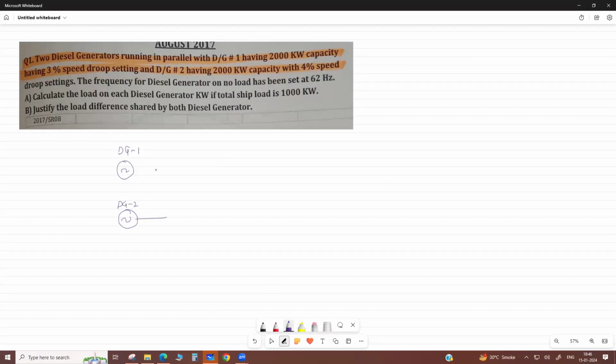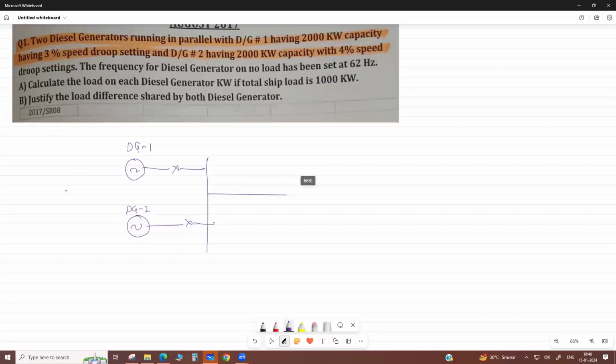They are operating in parallel, and their capacities are given. Each has 2000 kilowatt. Two generators are running in parallel, each having the same capacity, with a 3% droop setting.